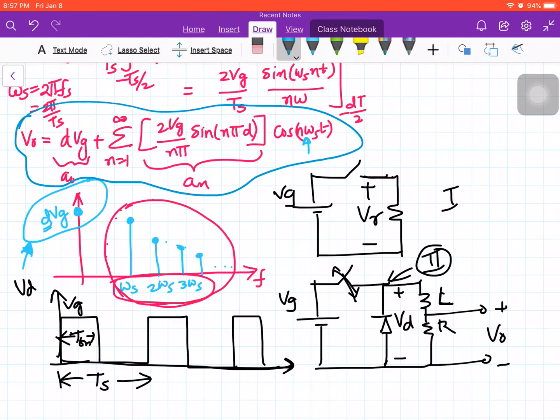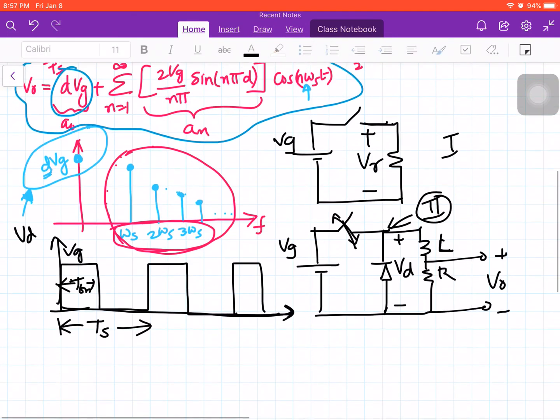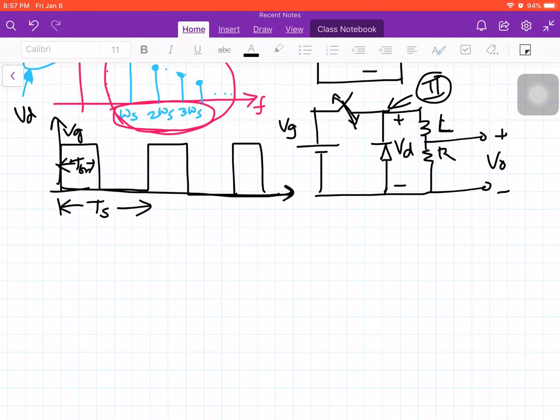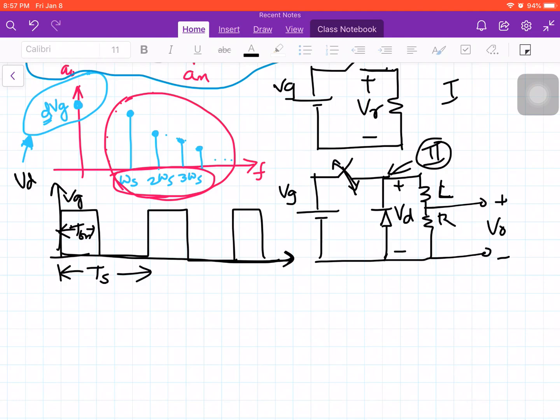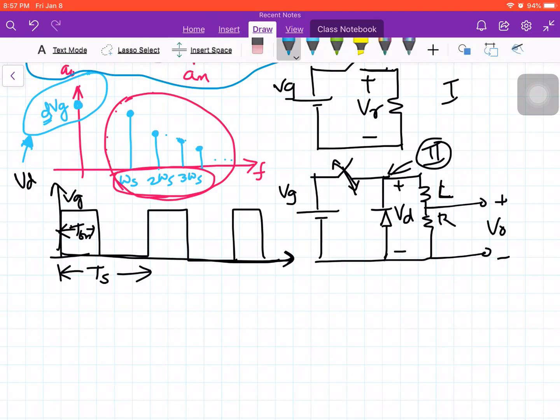And we have also discussed that we are interested in this particular term. So our objective is to filter out the unnecessary components present in the VD signal.